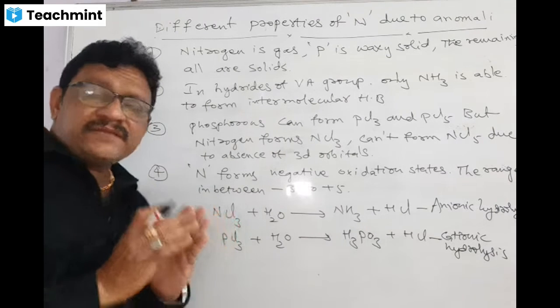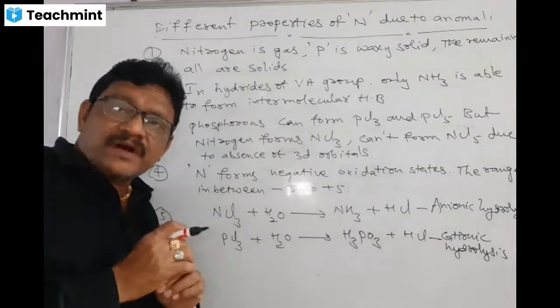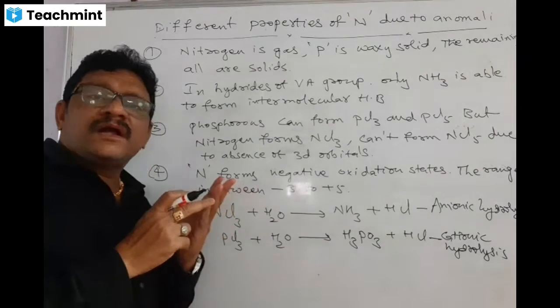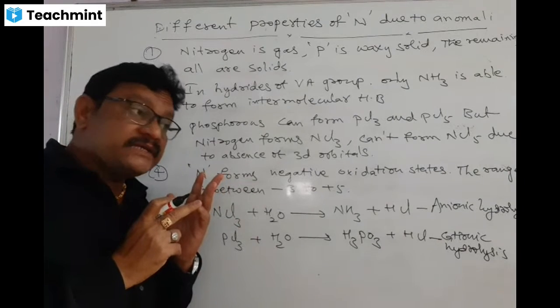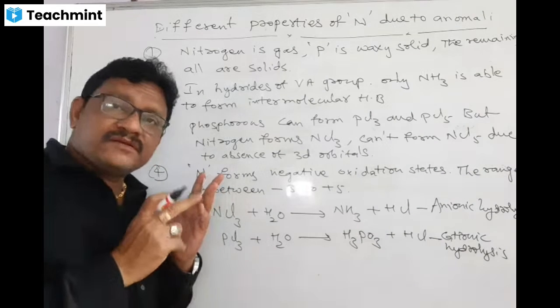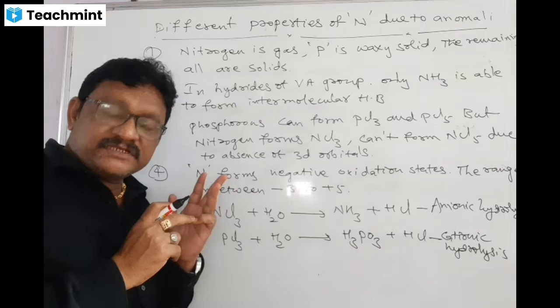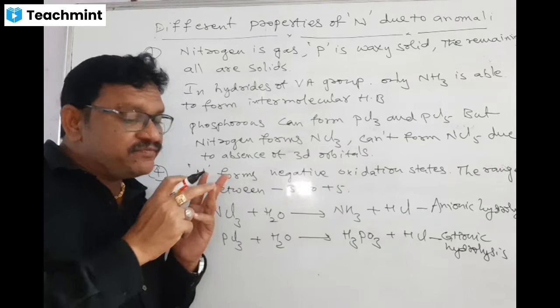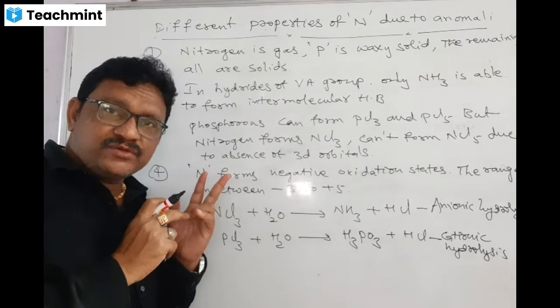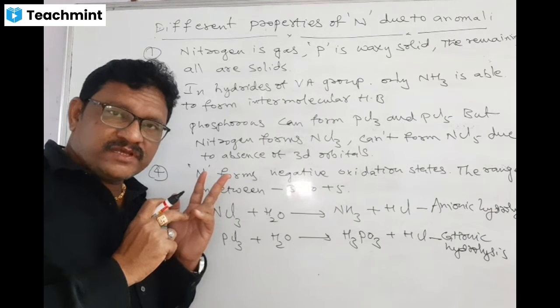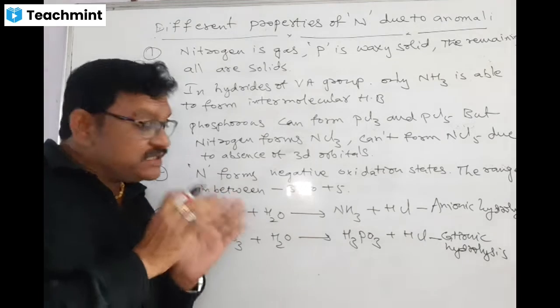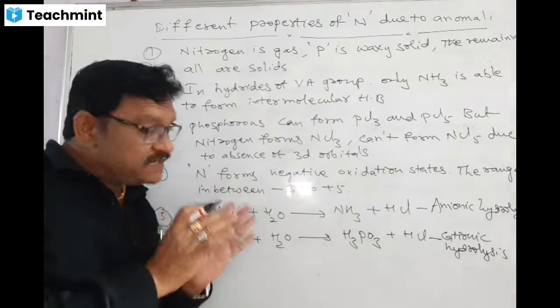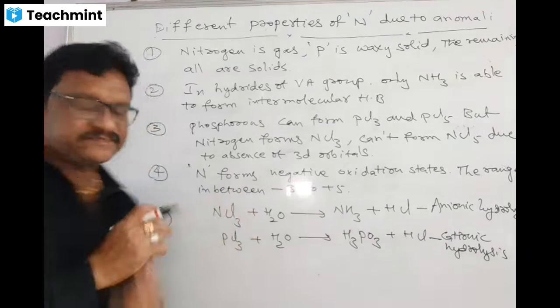Particularly nitrogen is able to form different types of hydrides of nitrogen. Of course, we know ammonia. In addition to ammonia, there is formation of hydrazine N2H4, and another one is hydrazoic acid. But the remaining elements cannot form such types of hydrides.